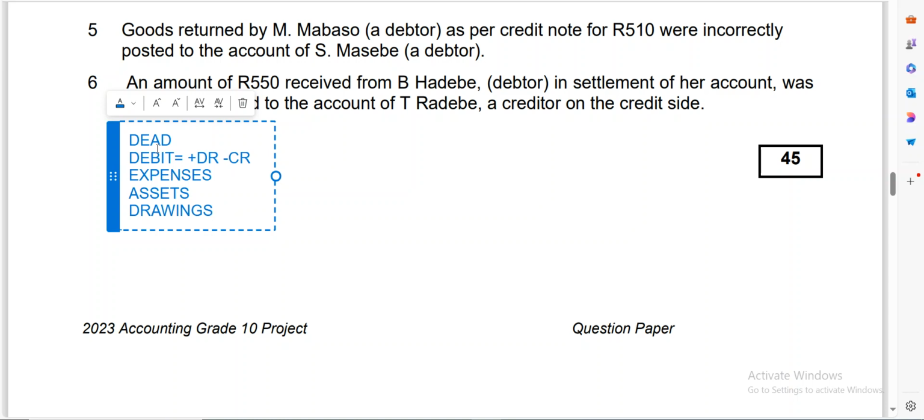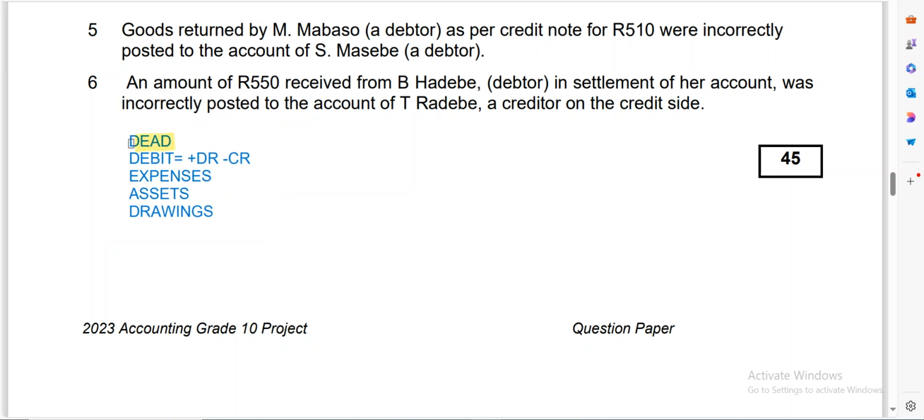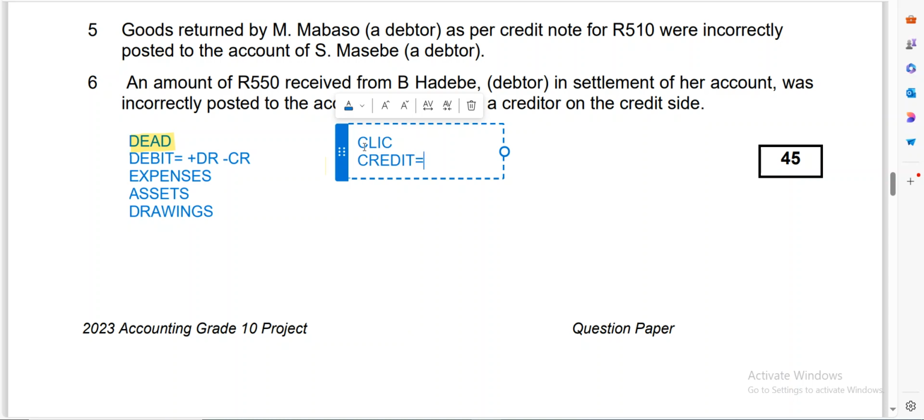And then from there, you have to make sure that you also remember the other part of the acronym. So CLIC simply means that these are the things that increase on the credit side and decrease on the debit side.